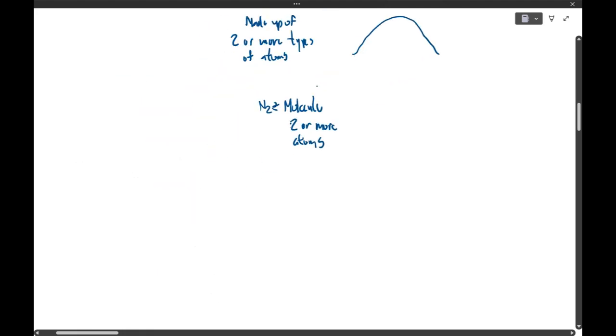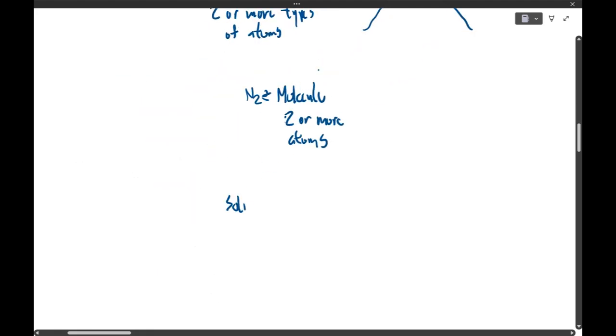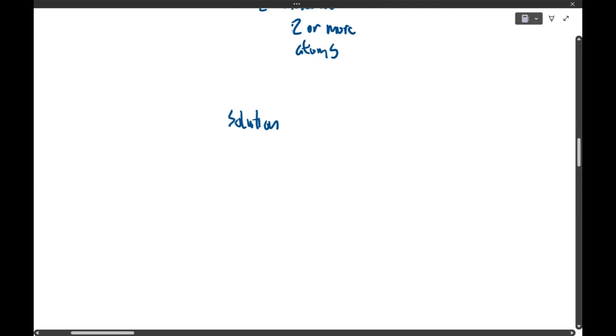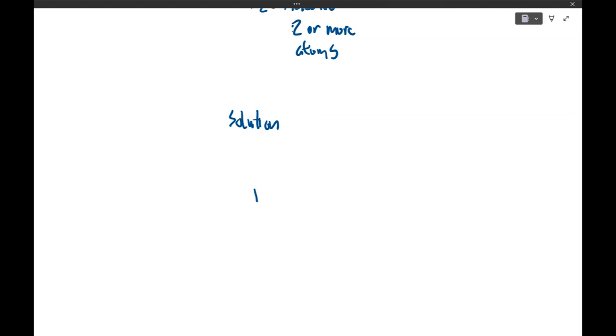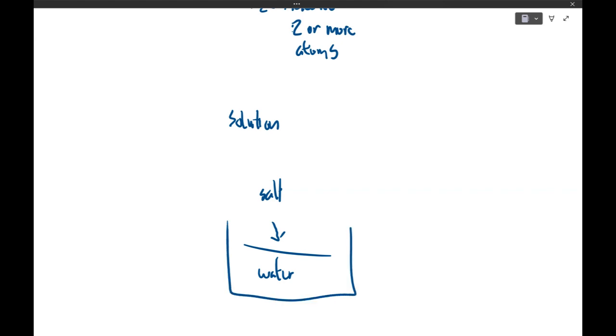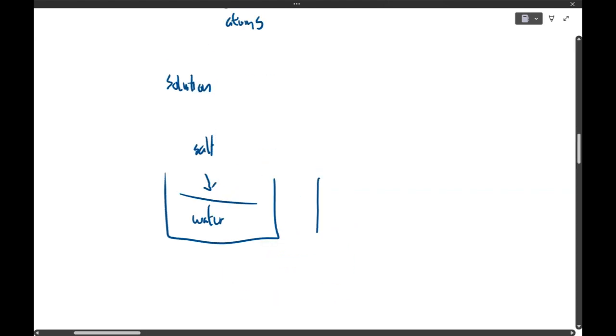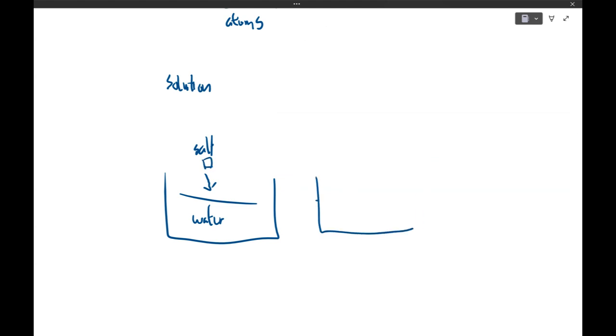And then we can also talk about a solution. A solution means something that is dissolved in a liquid. You can think about it as this. You can put salt in water, and if you put a salt cube in, as time goes by, you're not going to see the salt cube stay in its form.